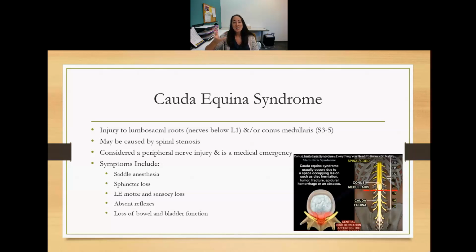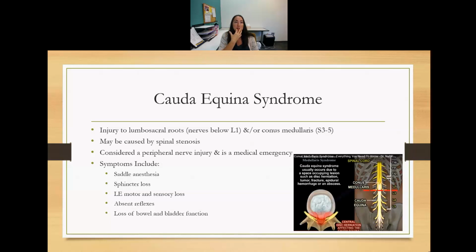So we're talking about, remember, spondylosis, spondylolisthesis, and spinal stenosis. Spinal stenosis is narrowing.